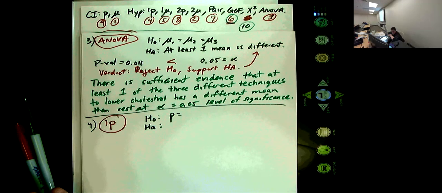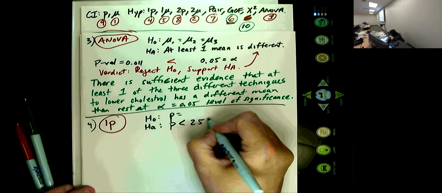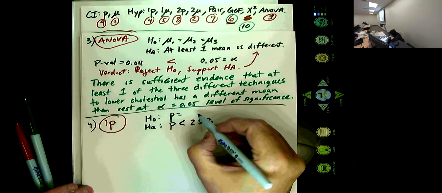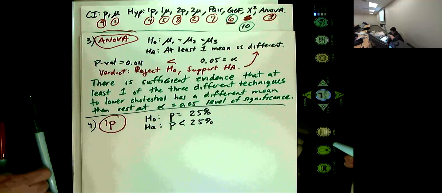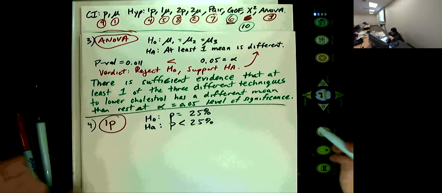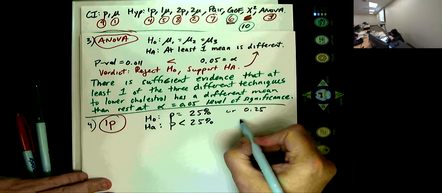This one, it might actually be easier to figure out what HA is first. It says testing the claim that less than 25% of adults. So the proportion for HA should be less than 25%, which means H naught should be equal to 25%. You can put 0.25 if you want.